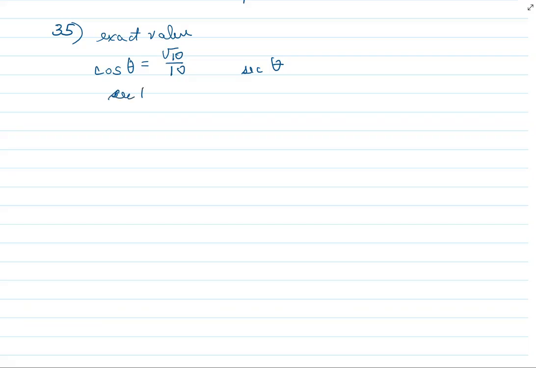All you do is rationalize the denominator. It's 1 over cosine of theta, which means I have 10 over the square root of 10. And I get the square root of 10. All right.